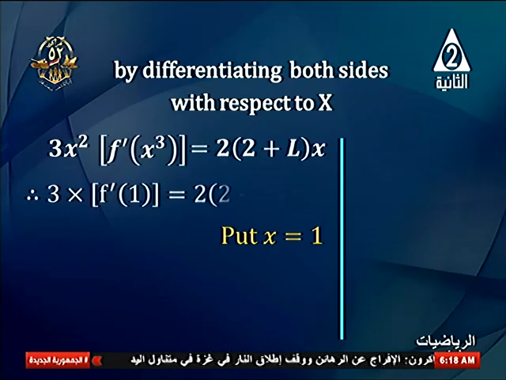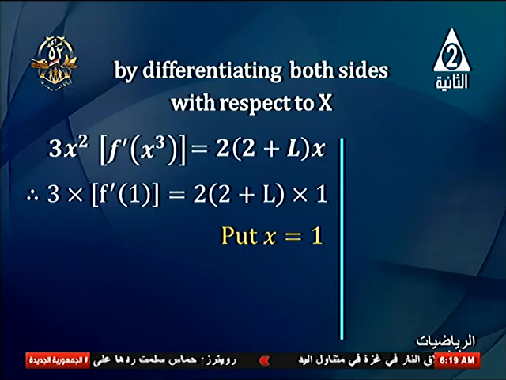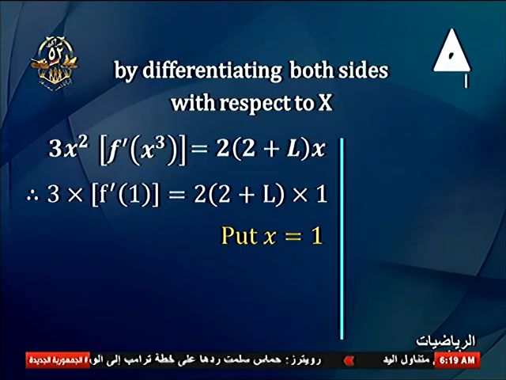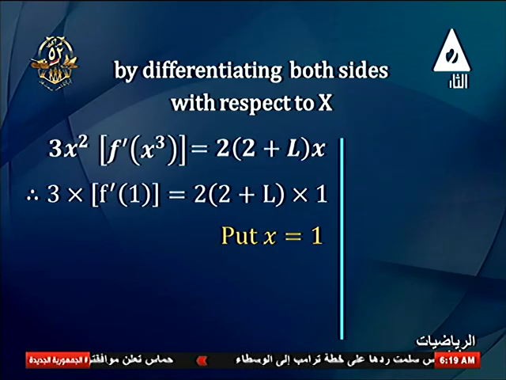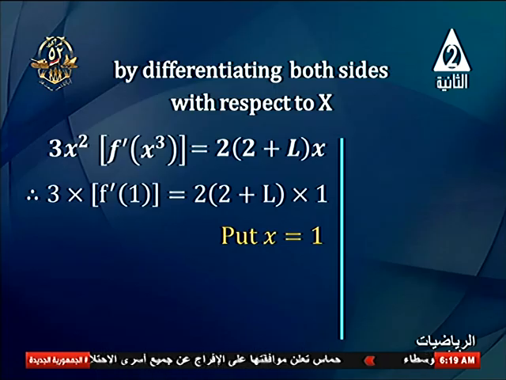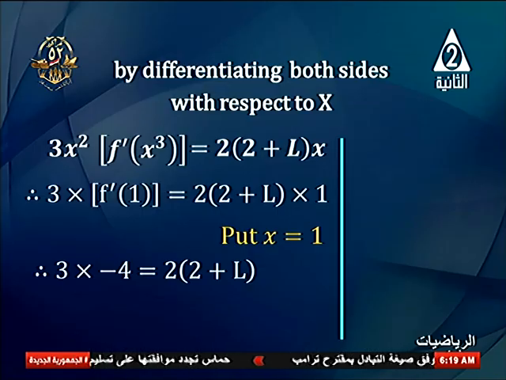So 3 multiplied by f dash of 1 equals 2 multiplied by 2 plus L multiplied by x, with x equals 1. Why? Because by putting x equals 1 to find the value of f dash of 1, we get 3 multiplied by negative 4, from the given, equals 2 multiplied by 2 plus L.